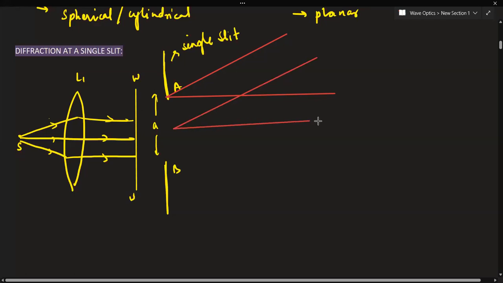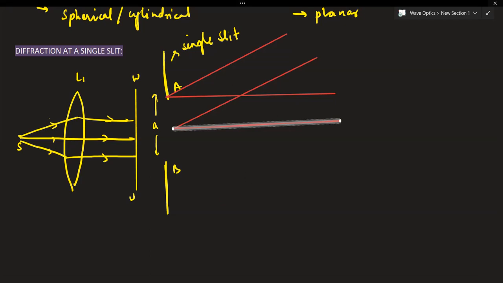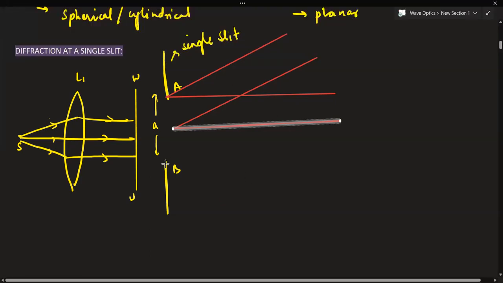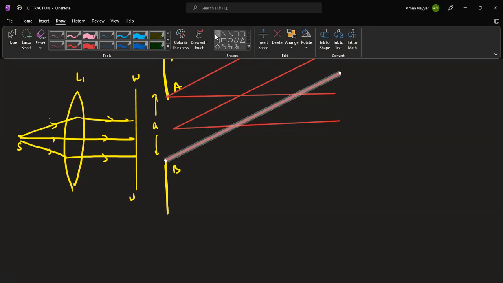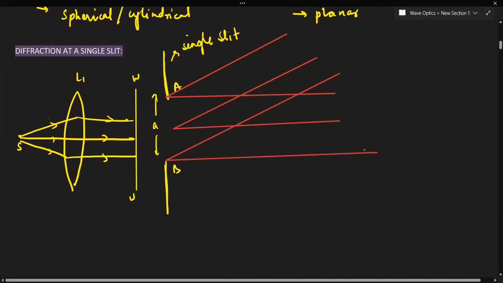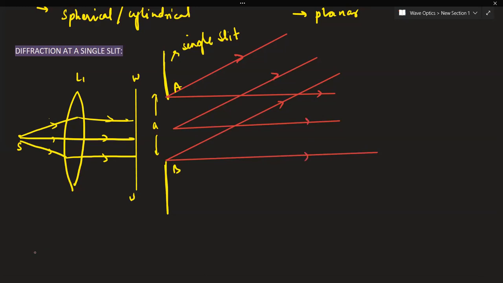It will also be going in the downwards direction as well, but I'm not drawing it, just assume it, because it will be a messy diagram then. These red lines are the secondary wavefronts.